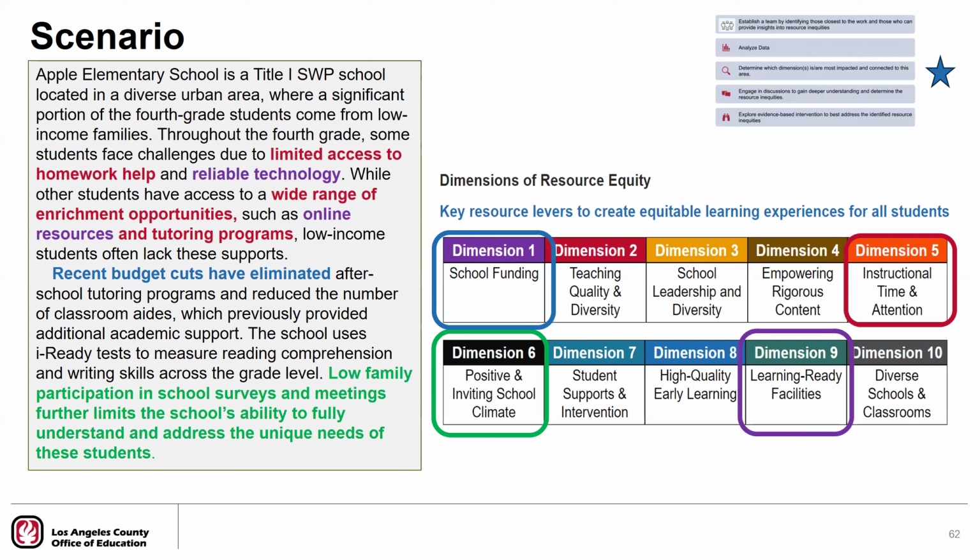Identifying the dimensions and then addressing the resource inequities is not a mystery. You are already likely engaging in this process at your school. The key question is how to systemize this approach across your LEA and your school, ensuring that it's not solely the leadership addressing these issues, but also about empowering your entire team and school community.